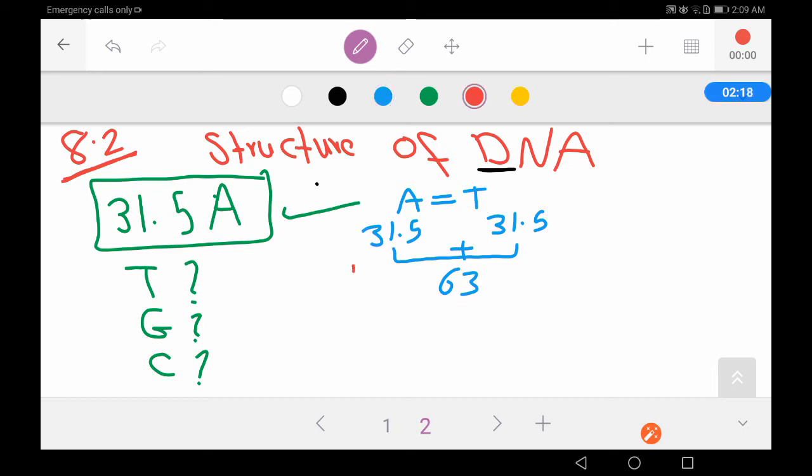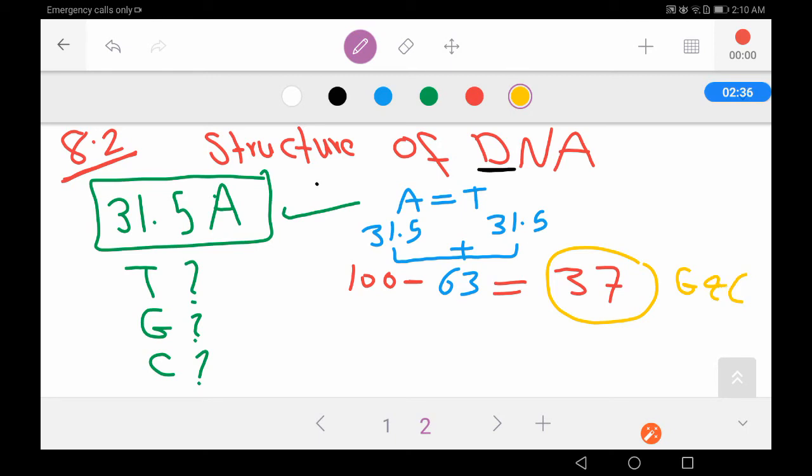Okay, so how much remained? As we see, we will do this: 100 minus 63 will be 37. But 37 for what? For both guanine and cytosine, for both of them.